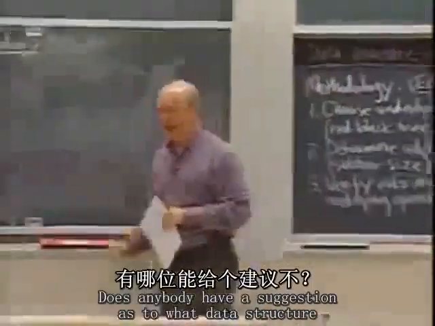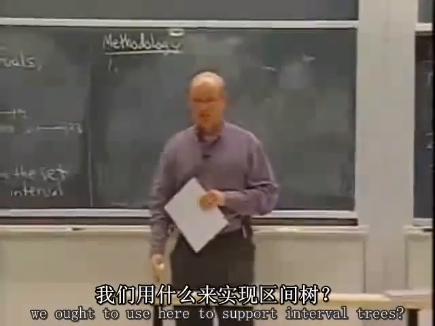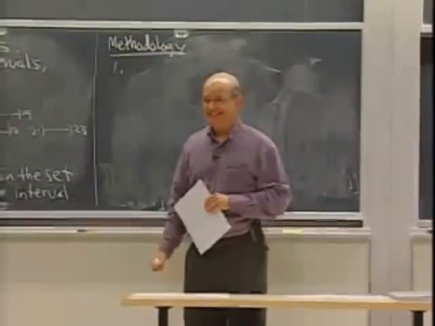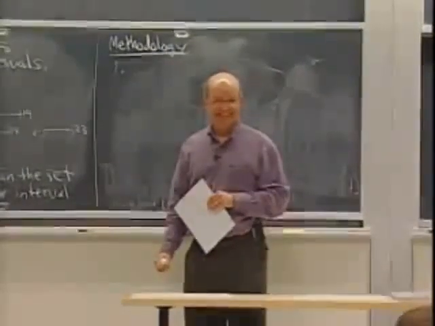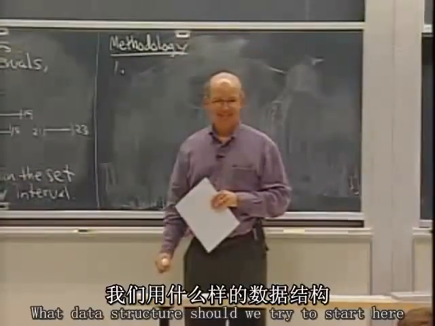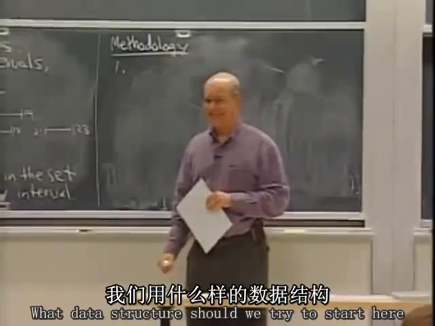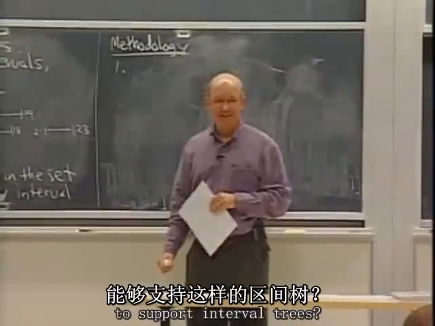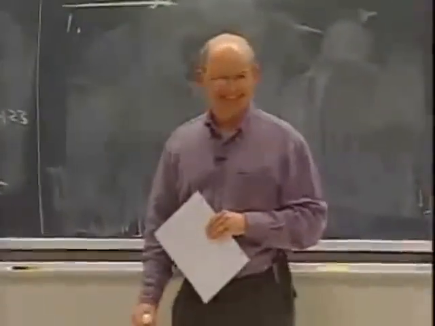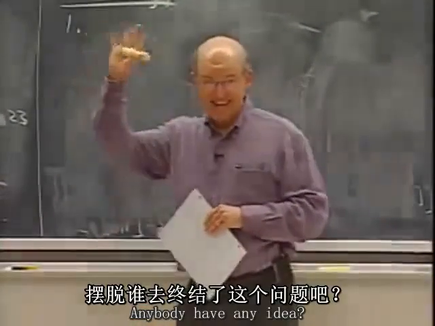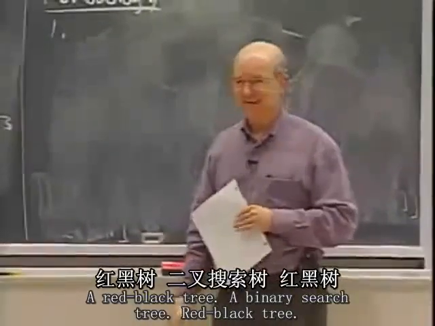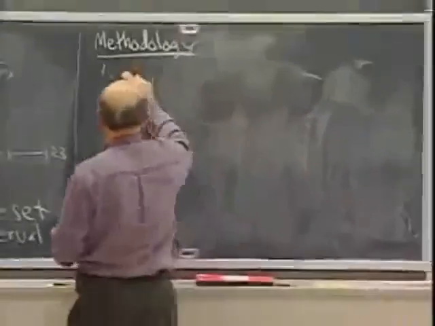So anybody have a suggestion as to what data structure we ought to use here to support interval trees? Anybody have any idea? A red-black tree, binary search tree. Yep, red-black tree. We're going to use a red-black tree.